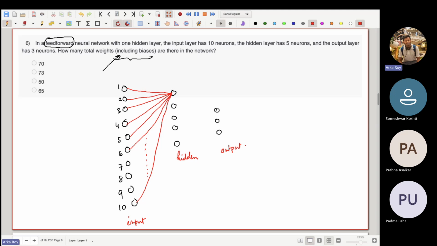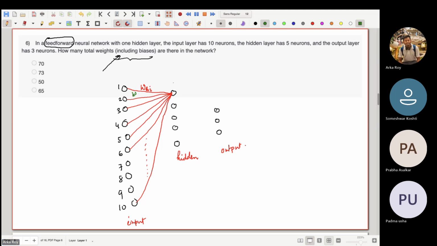For this neuron, you will get W, H, I. So input is I and hidden is represented as H.